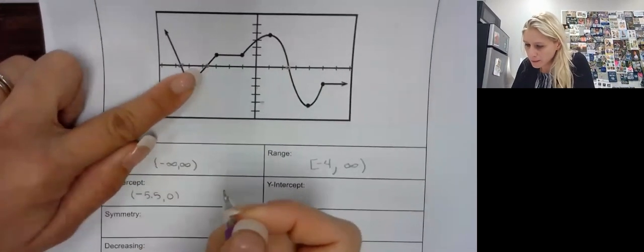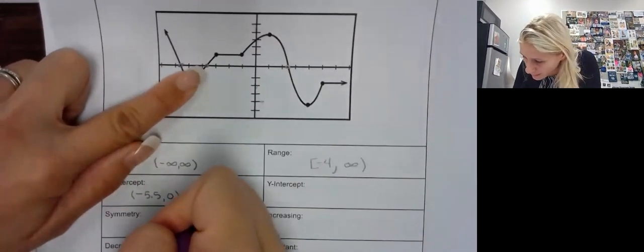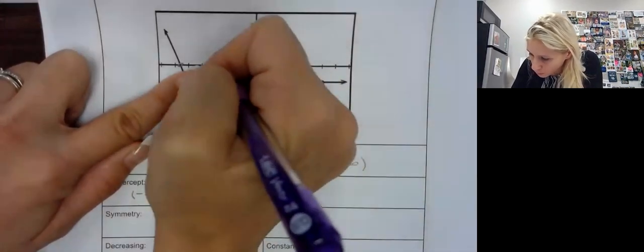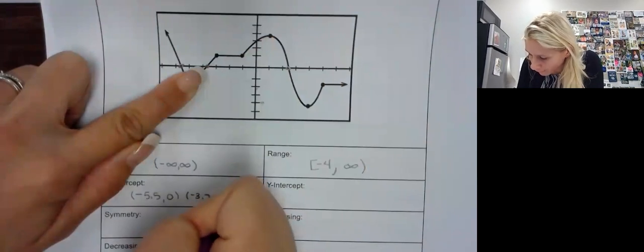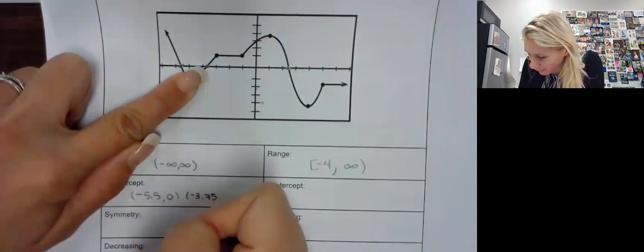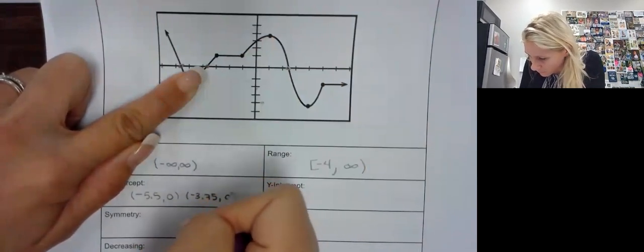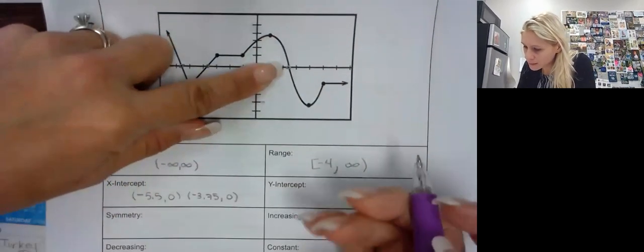Our next one, let's do this as 1, 2, 3, -3.75. We'll keep it as kind of easy numbers. And our last one here, let's do this as 0.52. So that would be 2.5, comma 0.